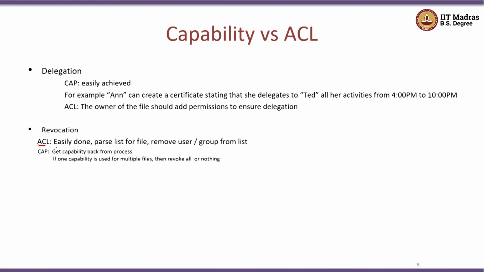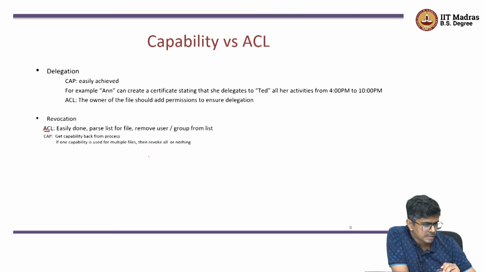Revocation is easier because all that needs to be done is traverse the list, and nodes in the list are modified or removed to change who is authorized to use a particular object. Now, if this is implemented with the help of capabilities, then it becomes a bit more involved, because every subject's list needs to be traversed to identify the object in concern, and the corresponding permissions should therefore be modified.